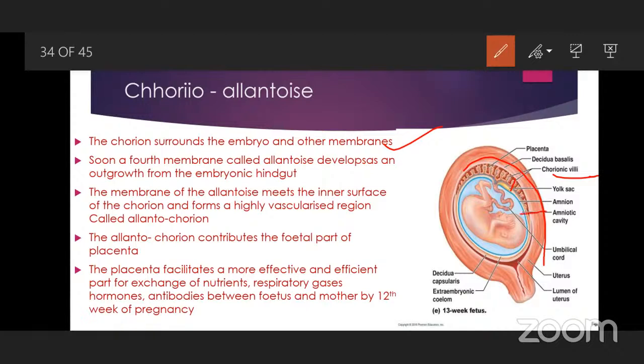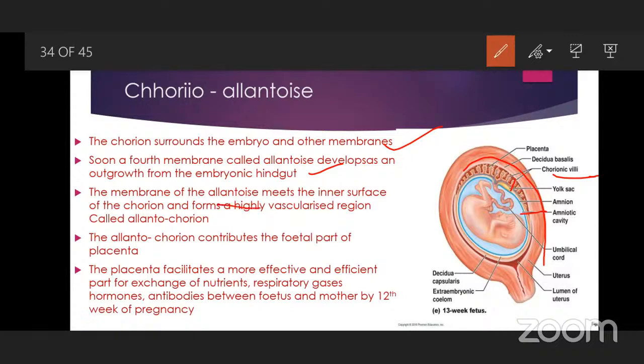The chorion surrounds the embryo and other membranes. Soon a fourth membrane called allantois develops as an outgrowth from the embryonic hindgut. Now the embryonic hindgut is derived from the archenteron layer, so it means that it is derived from the endoderm.